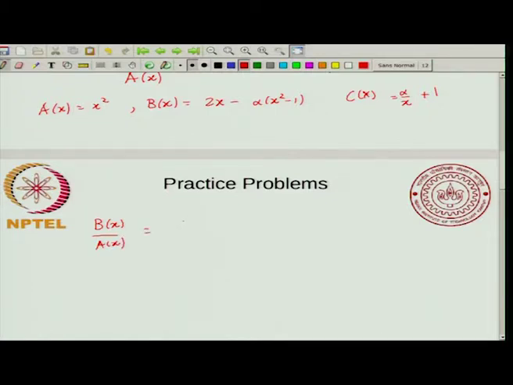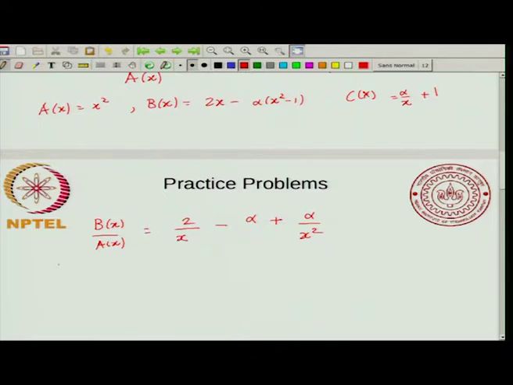That is equal to 2 by x minus alpha plus alpha divided by x square. So you have three terms. I just opened the alpha times x square minus 1, and divided by x square, and I got these three terms. Now I deliberately wrote this in this form, and you can immediately see the advantage of this.